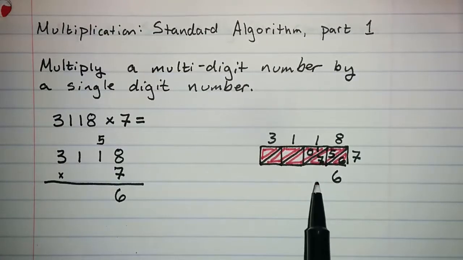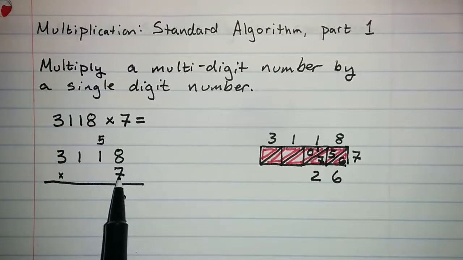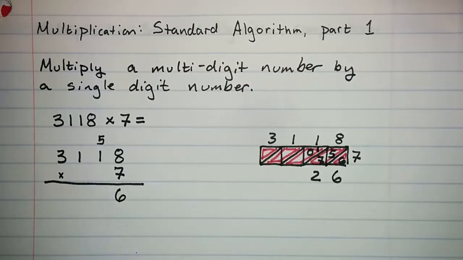Right, so we'll carry the 1 and write down the 2. Over here we'll multiply 7 times 1 is 7. Add in the 5 we carried and we get 12. So we'll carry a 1 and write down the 2.